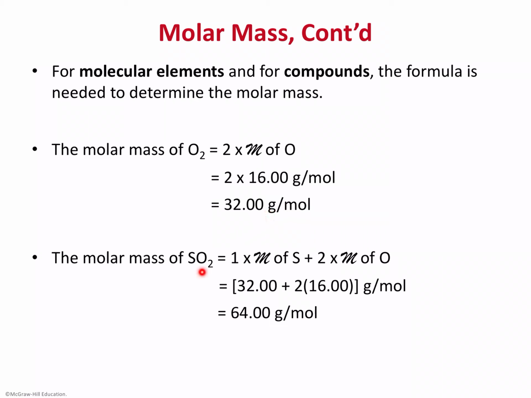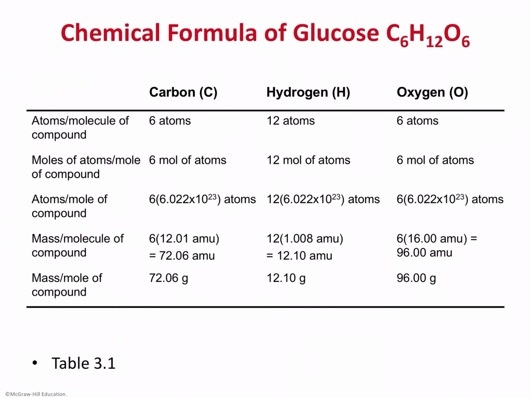And the molar mass of sulfur dioxide: there is 1 sulfur plus 2 oxygens, so 2 times 16 plus 32, the mass of sulfur, is 64 grams per mole. That's how we find the molar mass of compounds.